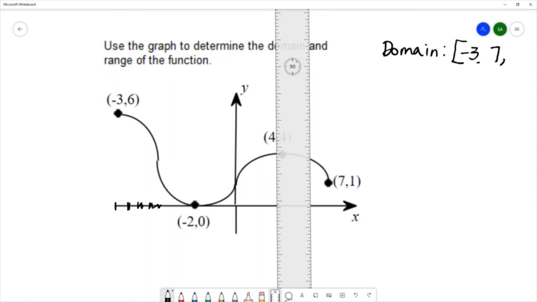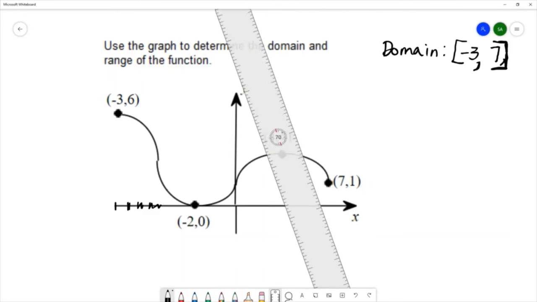And I would put a bracket on that 7 to indicate that 7 is part of the domain. So I've written down the domain now. That's -3 to 7, including the endpoints. So that notation means starting with -3, including -3, and continuing all the way until 7 and including 7.